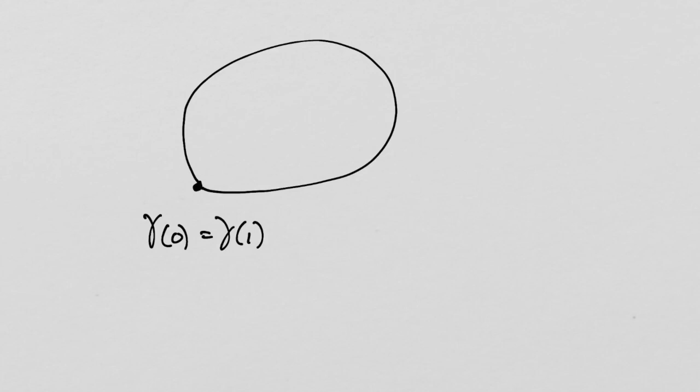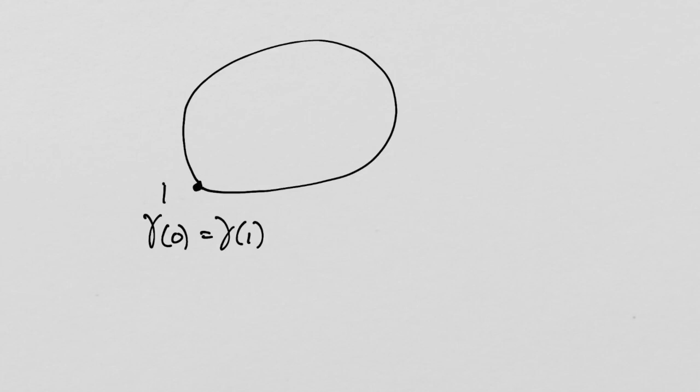So let's go back to the beginning and look at these 2 points, if the path is gamma, gamma 0, and gamma 1. What I'm going to do is say gamma 1 and gamma 0 are the same point, right? So I'm going to make it so that gamma 0 equals gamma 1, and any path is basically a loop, right?